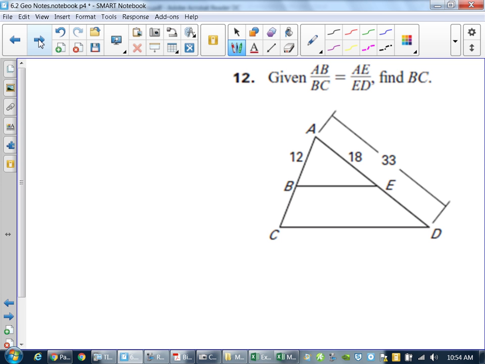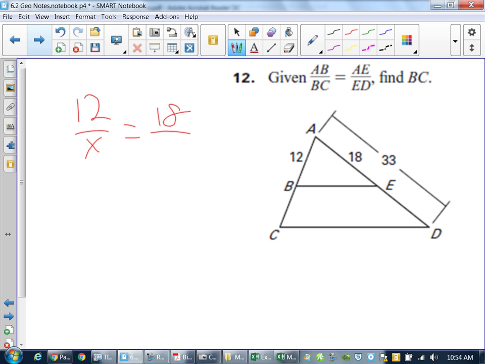And they give us values. It's a matter of filling in the blanks again. So according to the diagram, what's AB? 12. You write it down. 12 over something. AE is the 18.